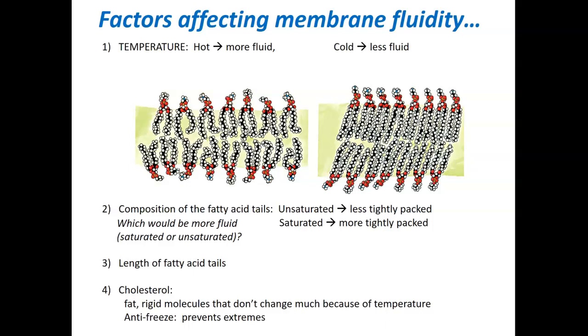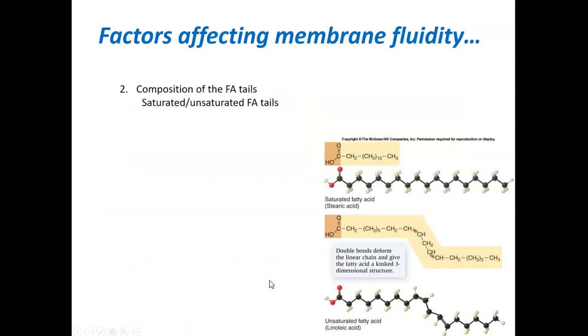So cholesterol really is incredibly important. For most cells, it makes up somewhere around 20% of the components in the cell membrane, but you can find certain types of cells where the amount of cholesterol is as high as 50% of the components in the plasma membrane.